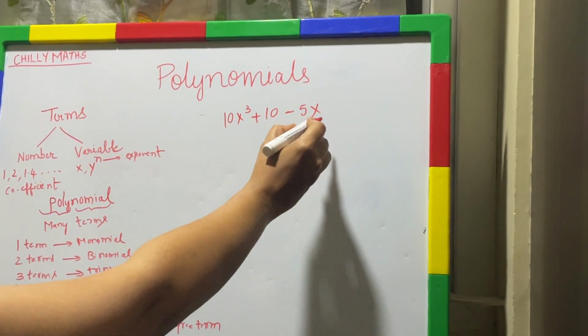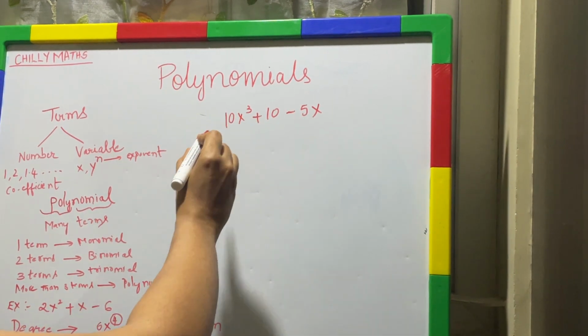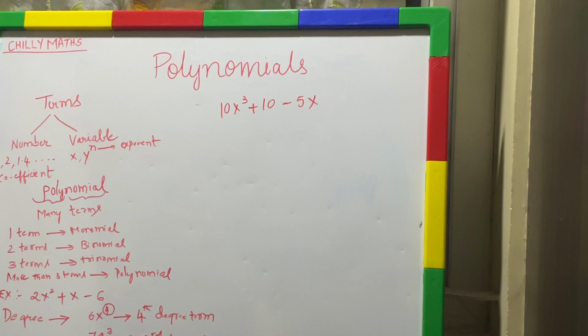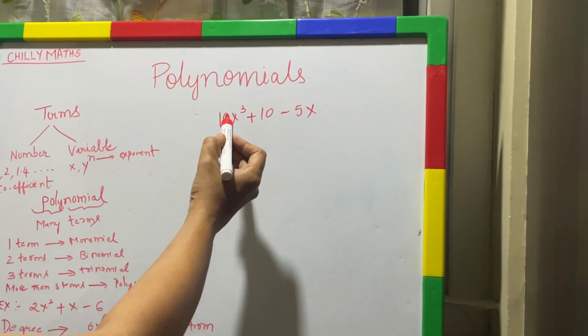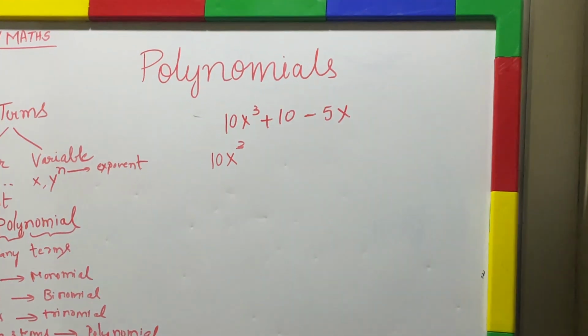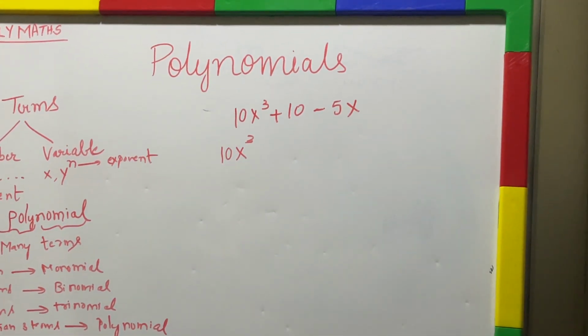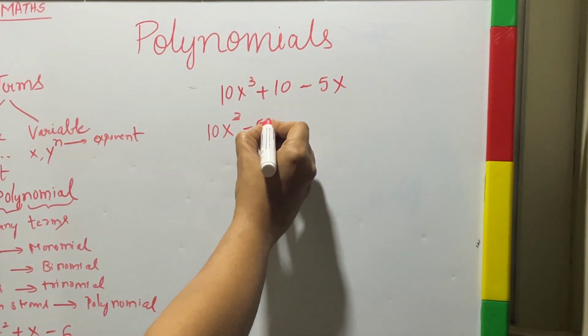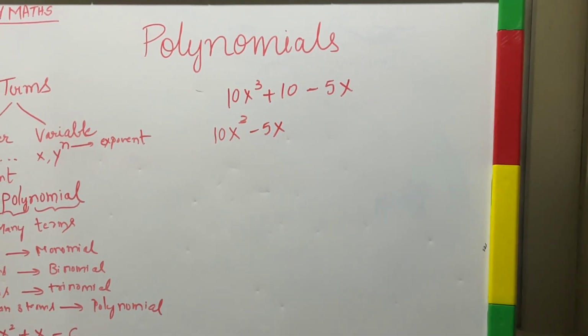Now let's try to arrange this expression as per the highest degree. So in this expression, the highest degree term is 10x cube. So that will stay as the first term. Next highest degree term is 5x. So I'll bring it to the second position.